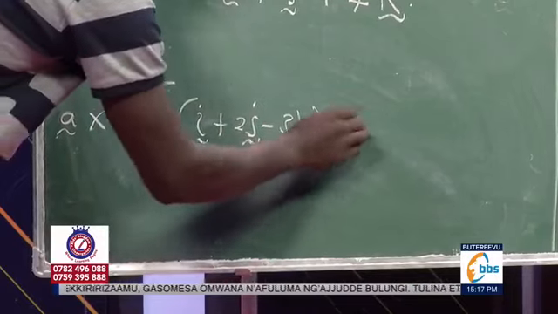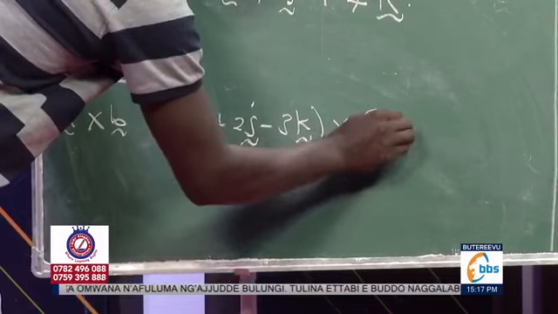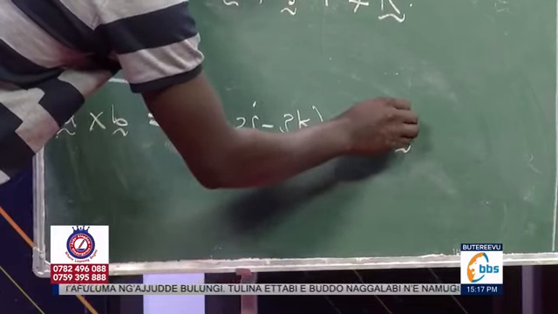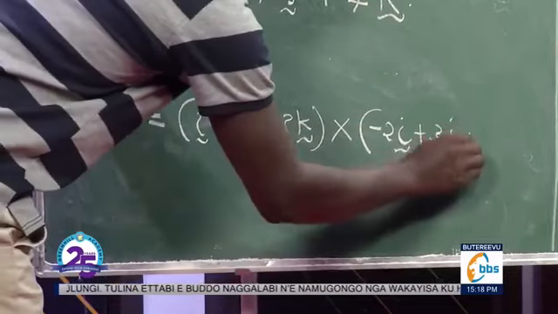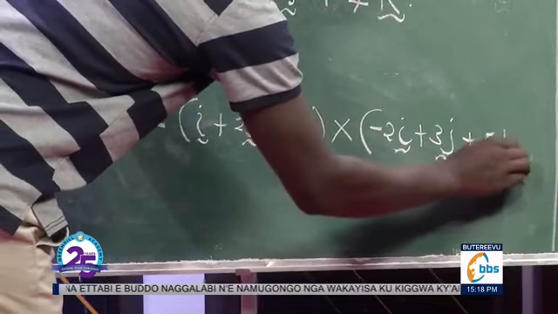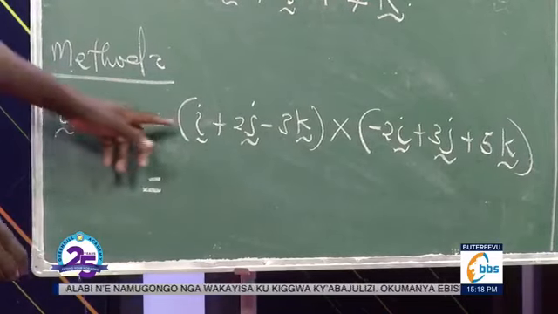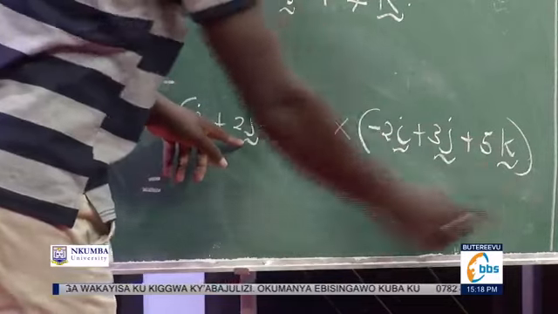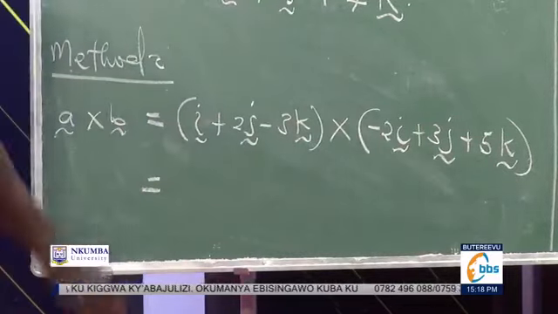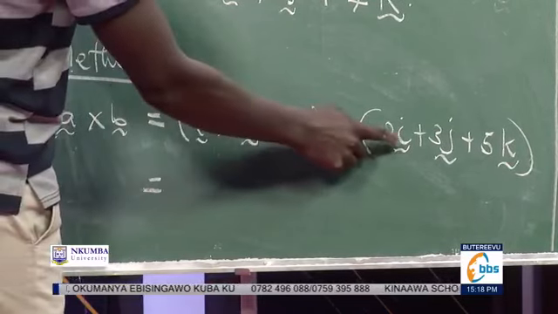We are crossing it with -2I plus 3J and then plus 5K. So what are we going to get? We will get this and multiply with everything here. Then we get this, multiply with everything here. Get this, multiply with everything there. So we have this and that.